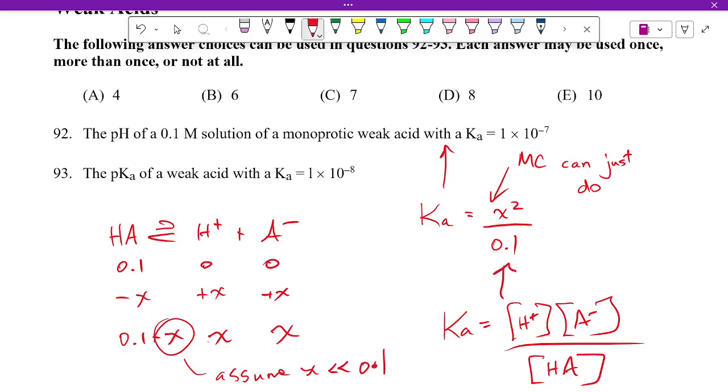But for a multiple choice question, you can just go right to there. So you would do Ka is 1 times 10 to the negative 7 times 0.1 equals x squared. So x squared is equal to 1 times 10 to the negative 8, which means that x is 1 times 10 to the negative 4, which means the pH is 4.